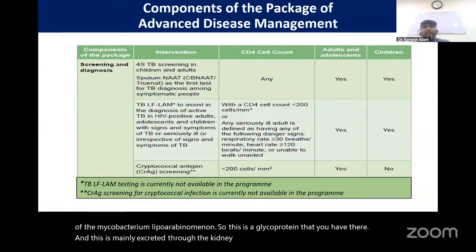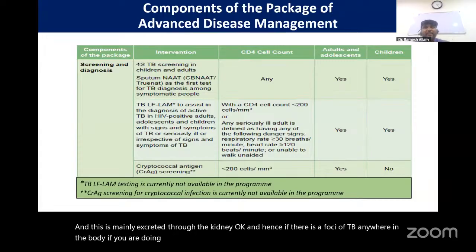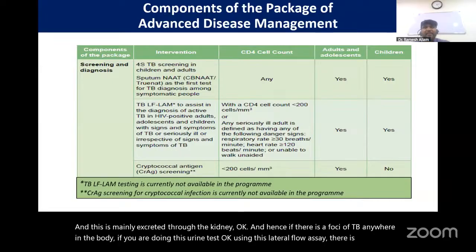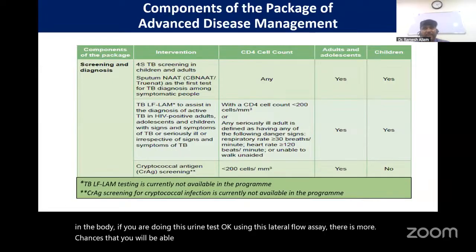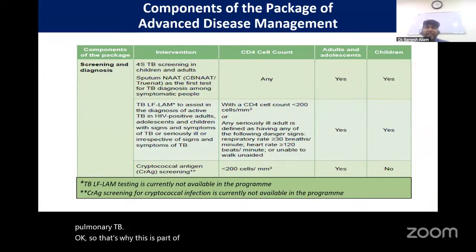Hence, if there is a focus of TB anywhere in the body, and you are doing this urine test using this lateral flow assay, there is more chance that you will be able to screen more cases, particularly of extrapulmonary TB. So that's why this is part of the screening tool and part of the diagnosis of TB.